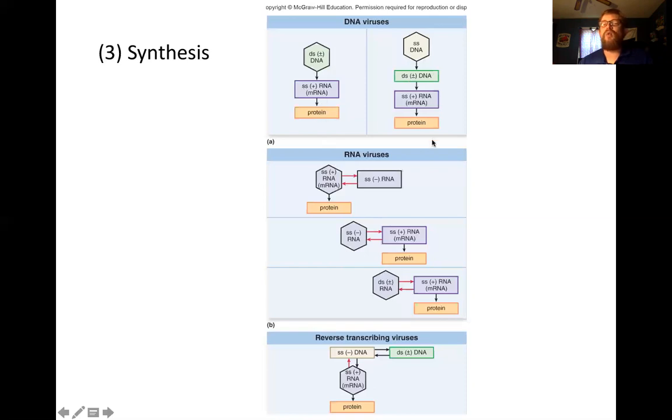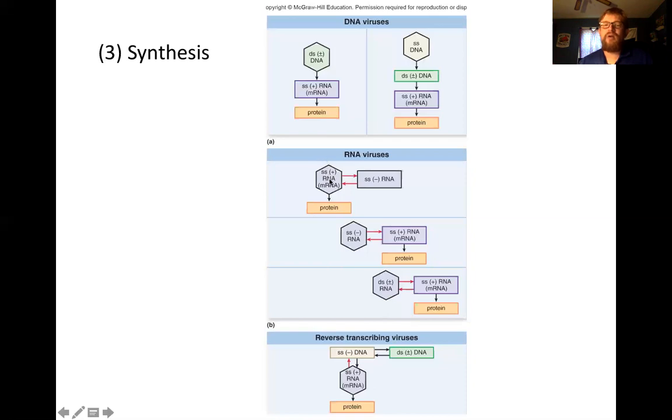Again, highlighting, at the end of the game, they're always having positive strand RNA that is becoming protein, no matter where you start. And so here with COVID, you're starting with actually single strand positive RNA.